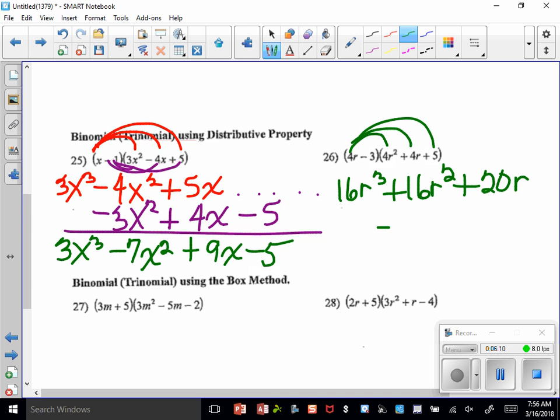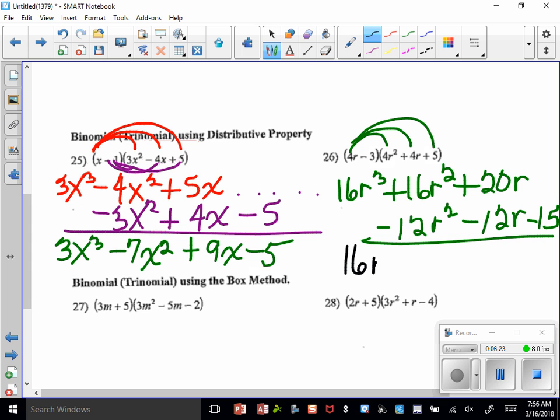So that'll give me negative 12r squared minus 12r minus 15. So I'll have 16r to the third plus 4r squared plus 8r minus 15.